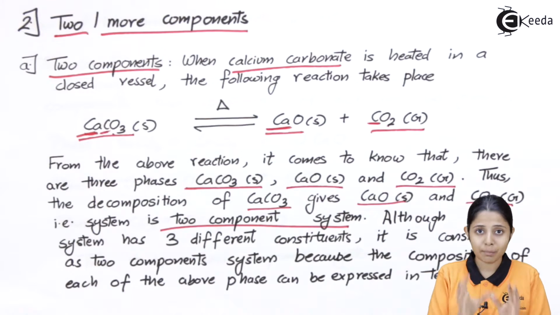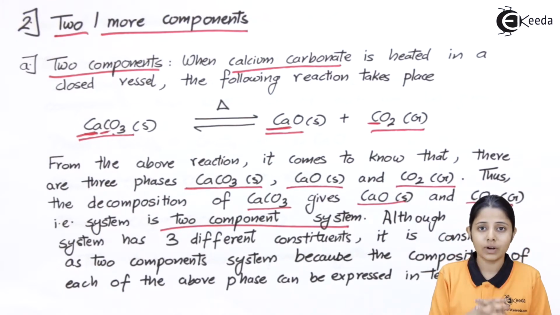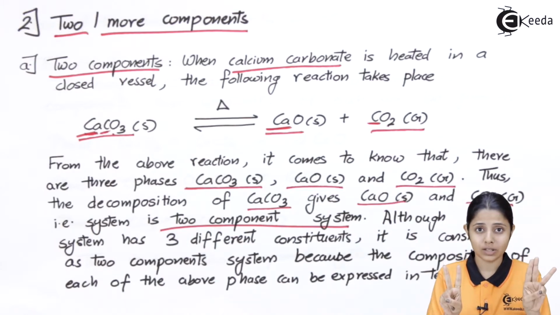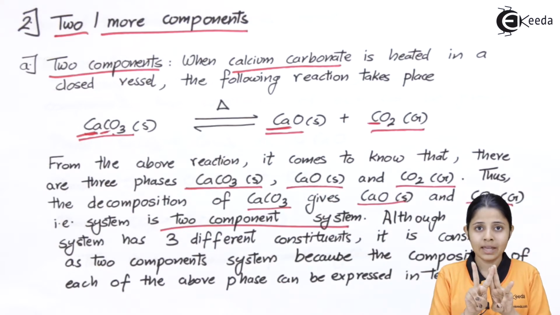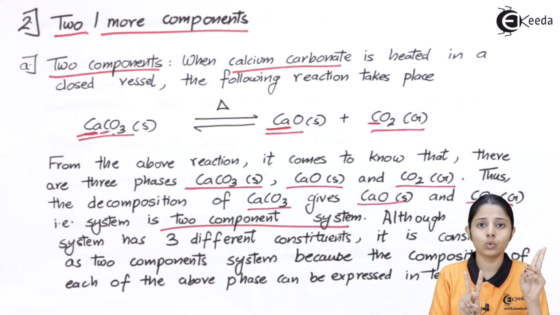And that is how we will map the amount of phases with the number of components, and we will find out how many components are exactly there. We have a total of 2 phases, solid and gaseous, and we have 3 components, CaCO3, CaO and CO2, out of which the first 2 components, that is CaCO3 and CaO, can be grouped into a solid form, and lastly the CO2, that is carbon dioxide, can be grouped into the gaseous form.